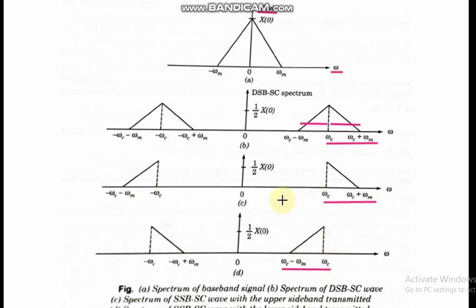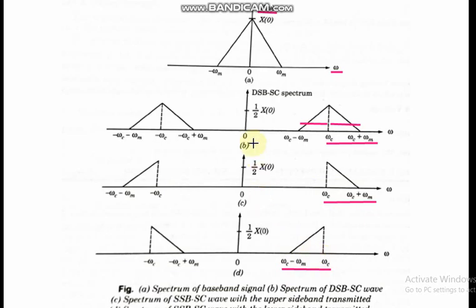So this C and D diagram is for single sideband suppressed carrier. Since the carrier is suppressed, it is shown with a dotted line. We are getting only the message signal without the carrier at the end of the receiver. So A, B, C, D are the frequency spectra for the message signal, double sideband suppressed carrier, single sideband suppressed carrier with upper sideband, and here also the lower sideband.